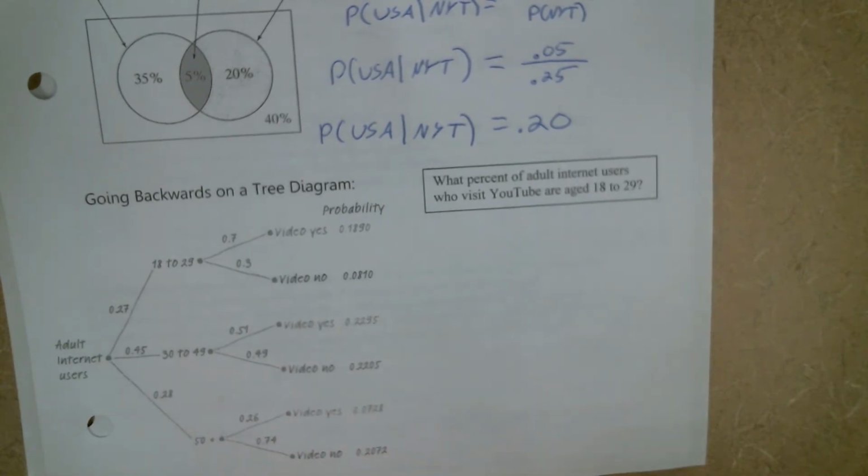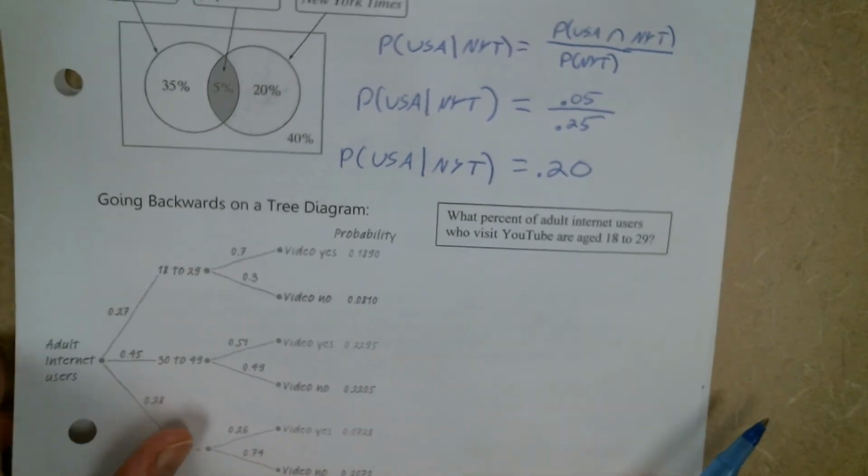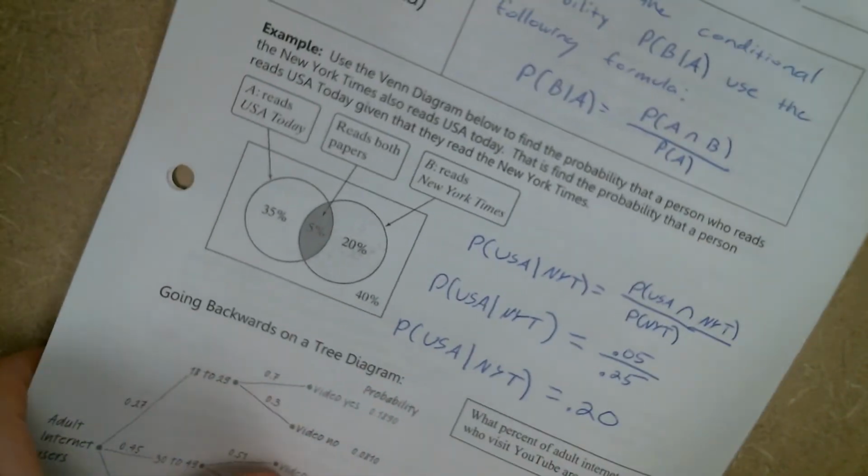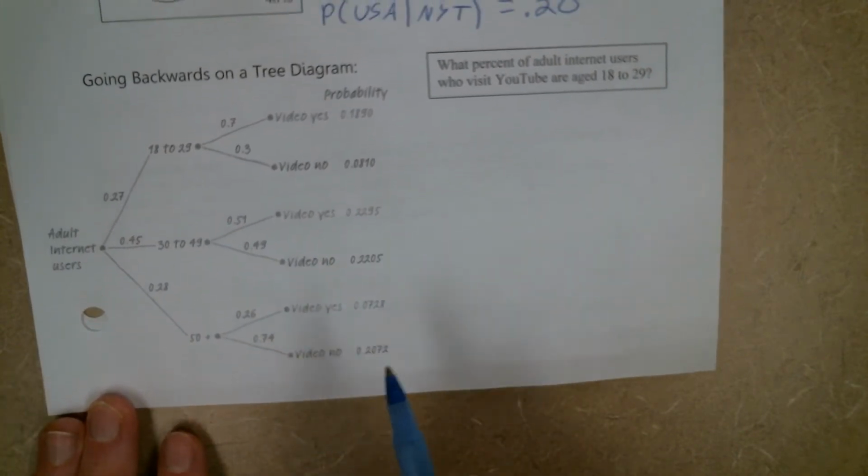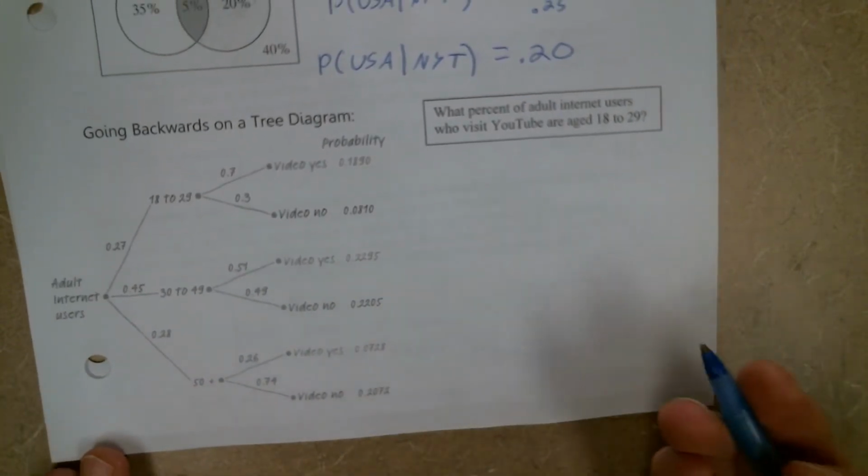So this says, what percent of adult internet users who visit YouTube are age 18 to 29? All right, so we can't get this directly from just looking at these numbers, but we can use our conditional probability formula.